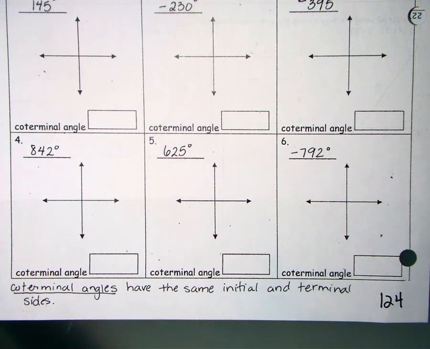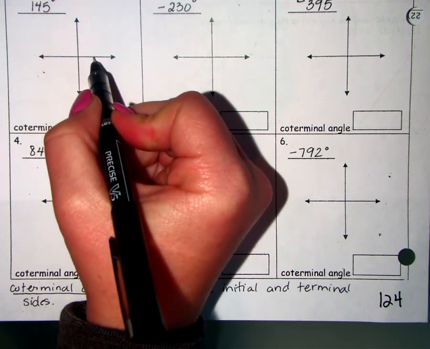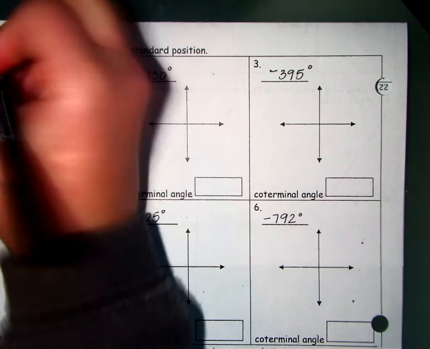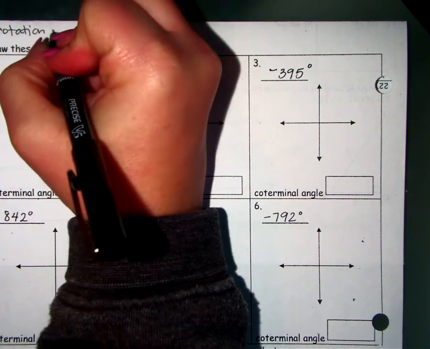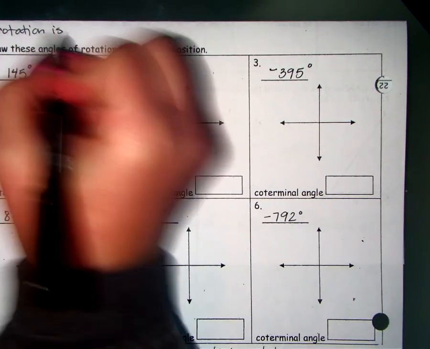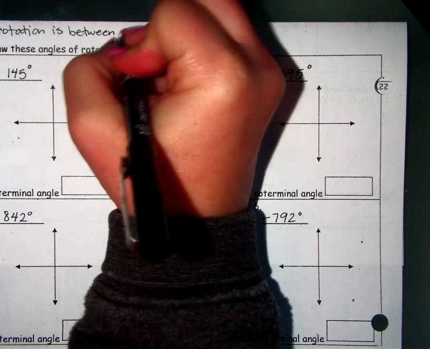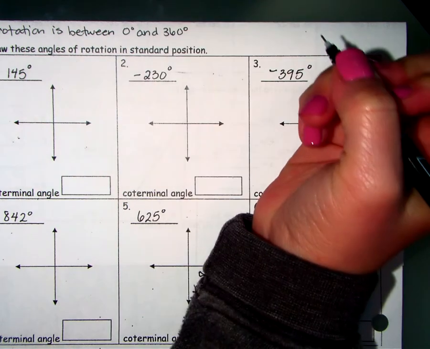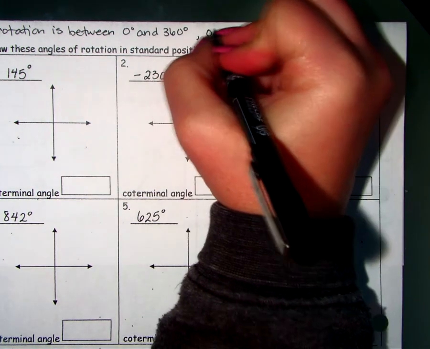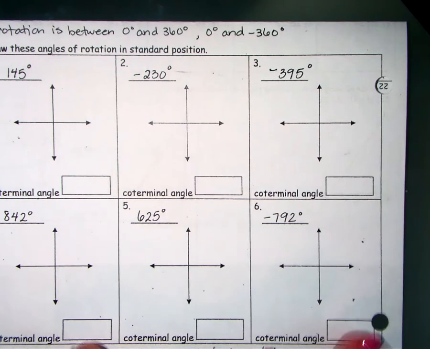One rotation is going to be either between 0 and 360 or 0 and negative 360. So I'm going to put that up here. One rotation around a unit circle is somewhere between 0 degrees and 360 degrees if I'm moving in a positive direction, or we could go from 0 degrees to negative 360 if we want to move in a negative direction.